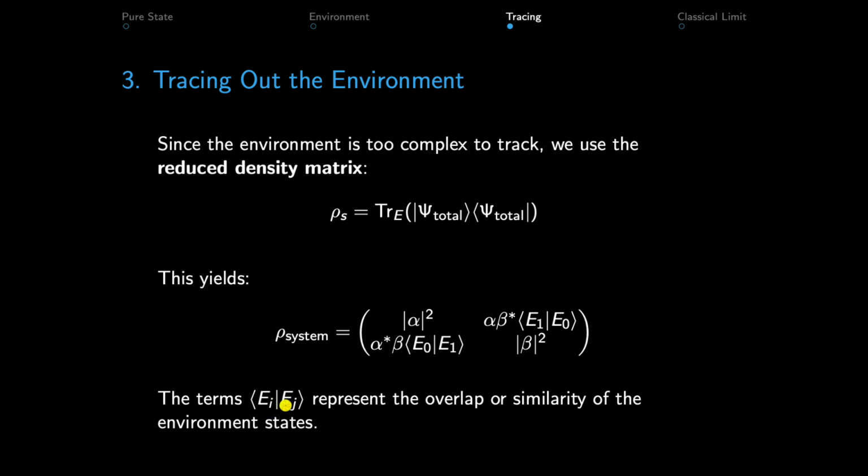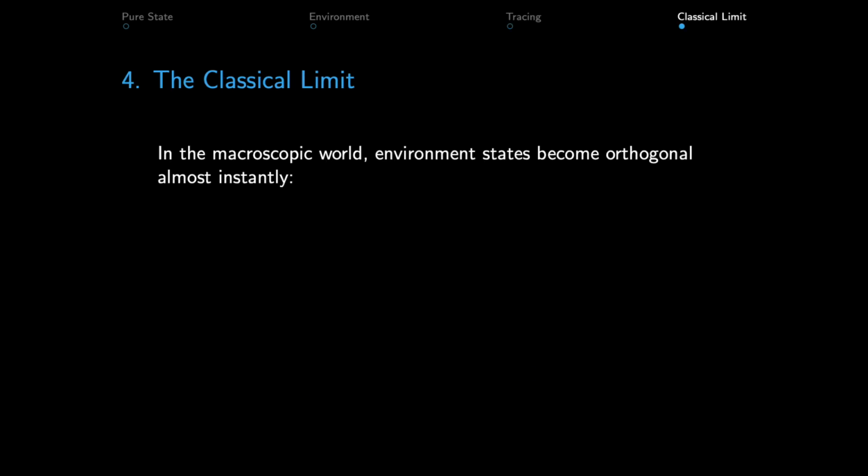So if these two specific states are essentially the same, then this product turns out to be 1. However, if they are orthogonal to each other, this product goes to 0. Now here is the interesting aspect. The classical limit emerges in the context of the macroscopic world when the environment states become orthogonal almost instantaneously.